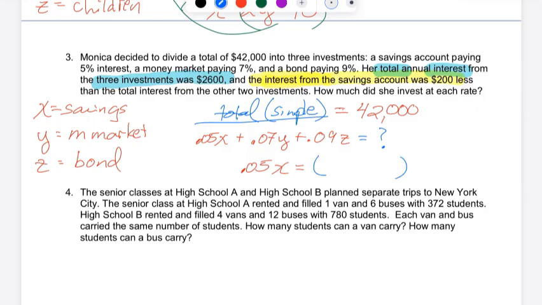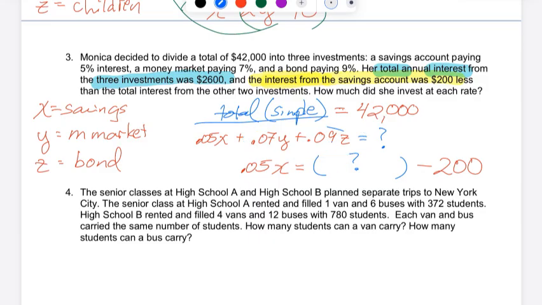The total from the 2 other investments is 0.07y and 0.09z, so you can fill those in, and then less $200. It was basically $200 less than that, so I have to subtract that. Do you know what you're going to be putting in this parenthesis here? You're going to be filling in this.